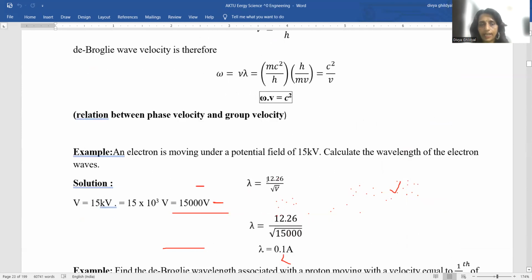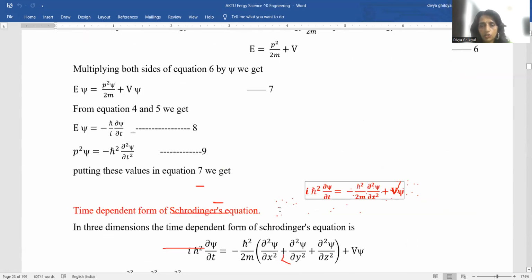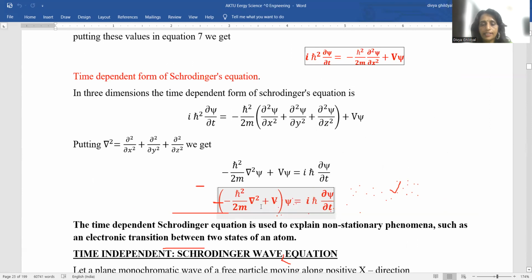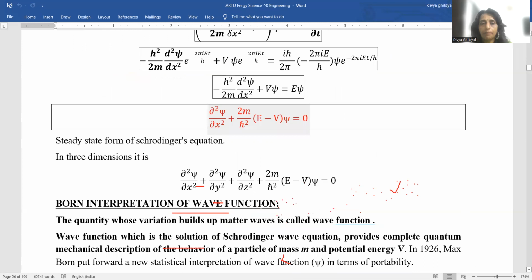I studied that the product of phase velocity and group velocity is equal to square of velocity of light. I studied time dependent Schrodinger equation: minus h bar square upon 2m del 2 phi plus V into phi is equal to i h bar del phi by del t. And I studied time independent Schrodinger wave equation: del 2 phi by del x2 plus 2m upon h bar square into (E minus V) phi equal to 0.